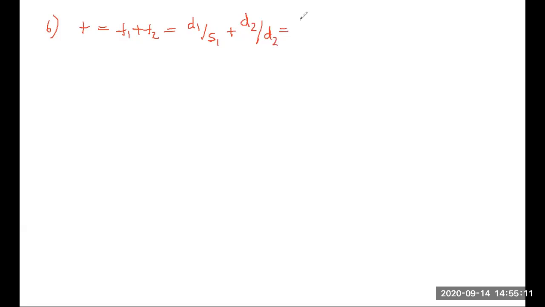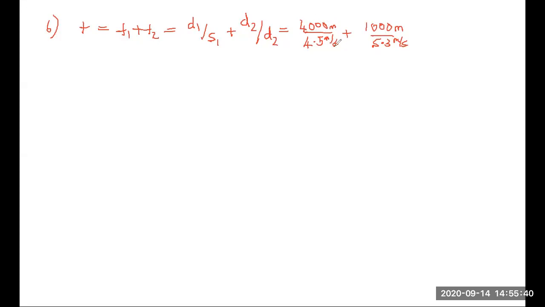And so then you just have to fill in the numbers: 4,000 meters, 4.5 meters per second, 1,000 meters, 5.3 meters per second. You can see here that the units of meters over meters per second will give you the units of seconds.